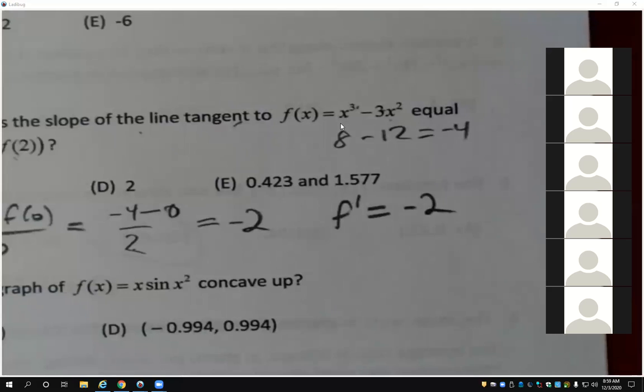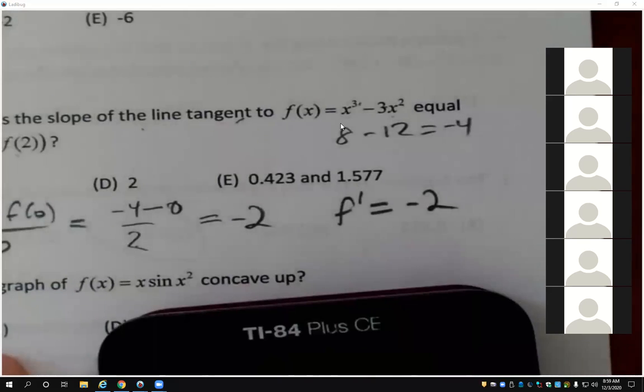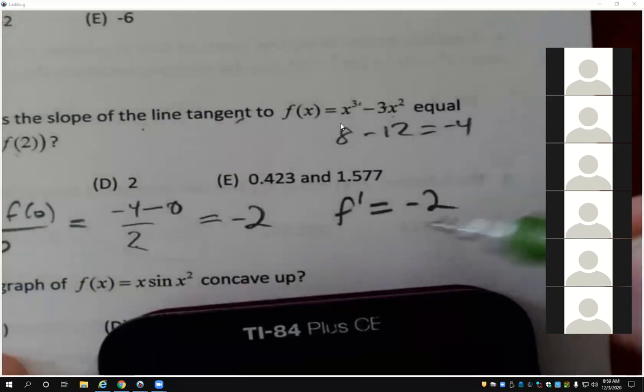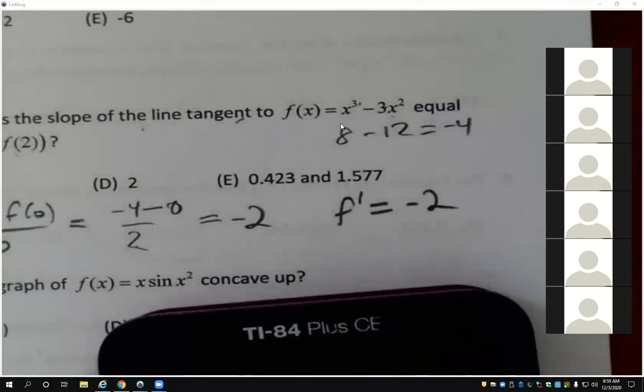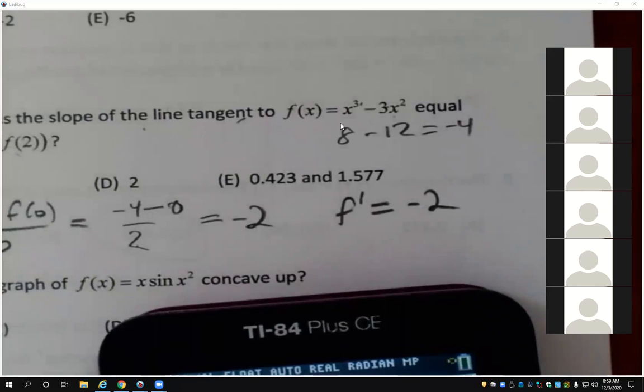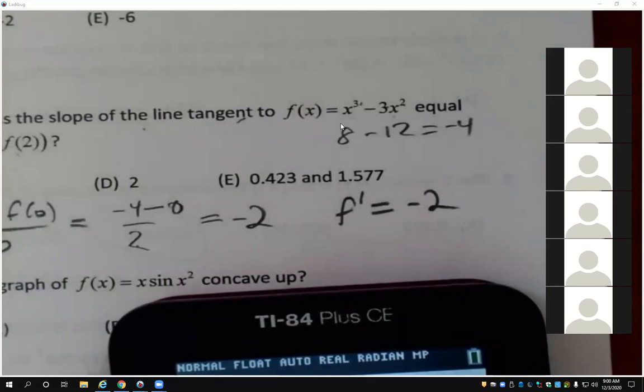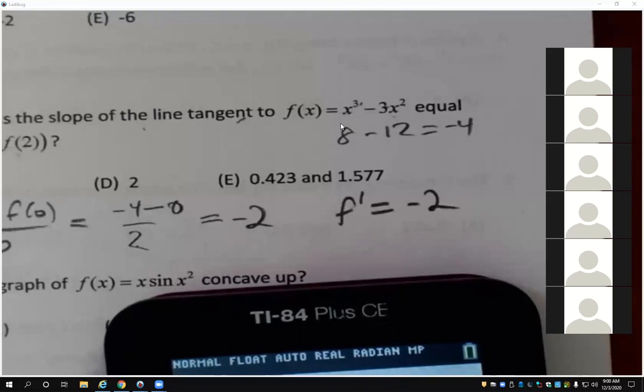There are several ways to go about doing that. Note that negative 2 is a y value, not an x value. When does f prime equal negative 2? We have to find the x value. So I'm going to go back into my equals, clear out this function, clear out this function, turn y5 off, or wherever you had it.